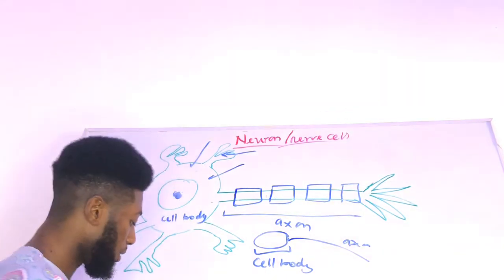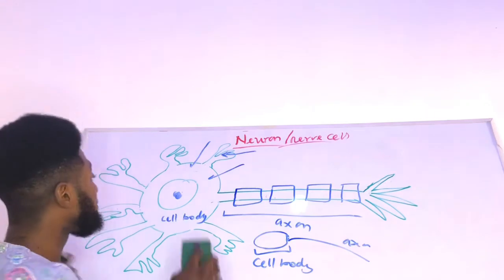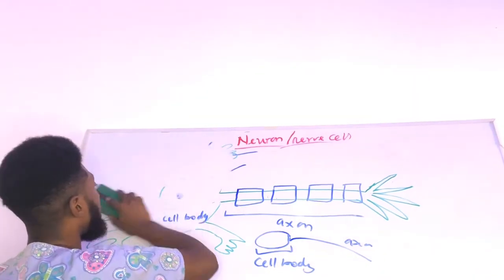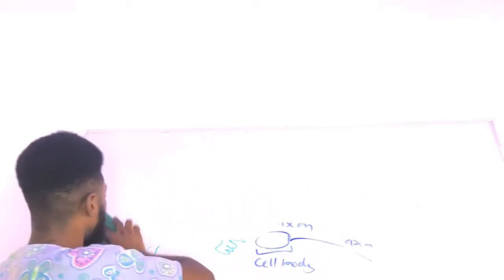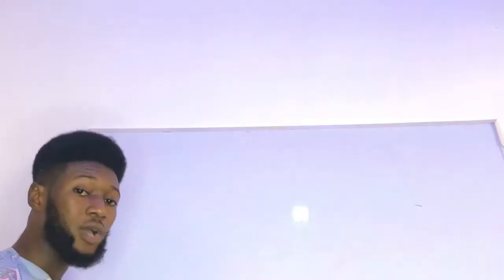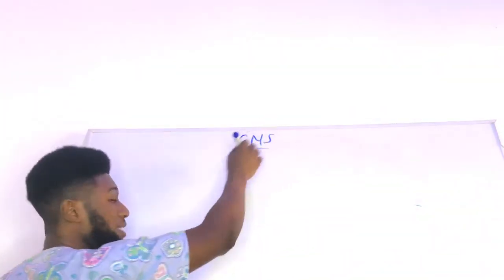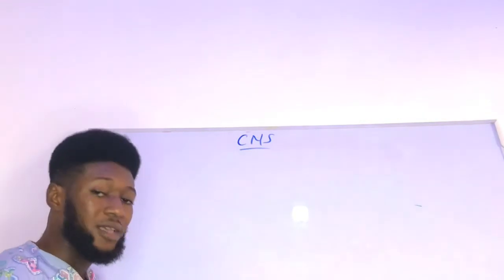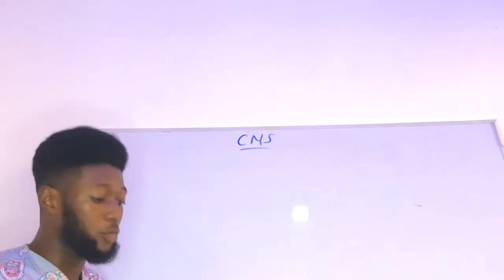Exactly. Now let's look at the CNS, central nervous system. What do I mean by CNS? Central nervous system. The central nervous system is made up of the brain and the spinal cord only.